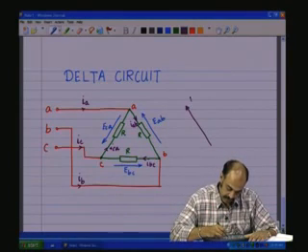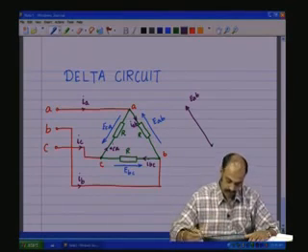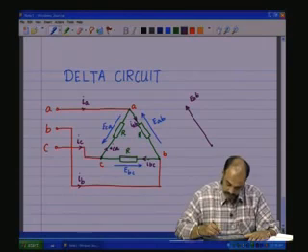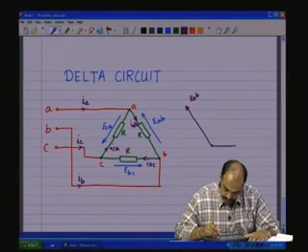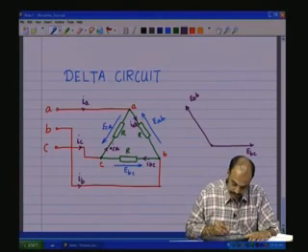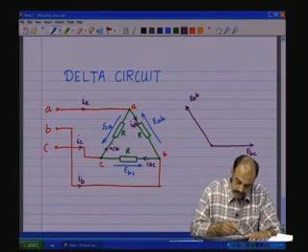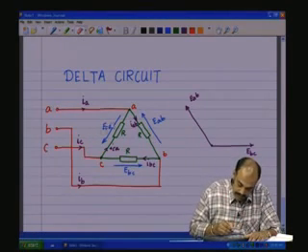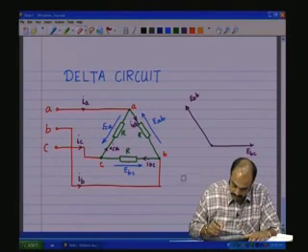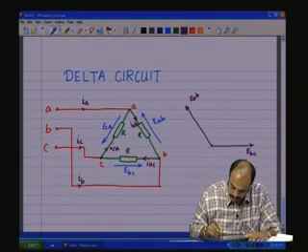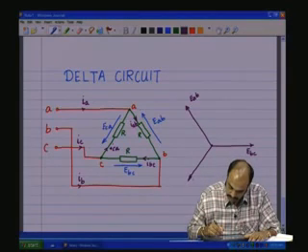So, this I will call EAB, EBC as shown here. Then we see that ECA. So, we draw from here the ECA.